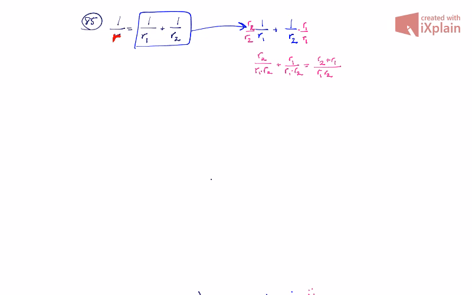If they both have the same denominator, I might as well just combine what I'm seeing in the numerator under that denominator. Okay, so let's go back to our other problem here. So we have 1 over that r that we want to get on its own, and that's going to be equal to r sub 2 plus r sub 1 all over the product r sub 1 times r sub 2.